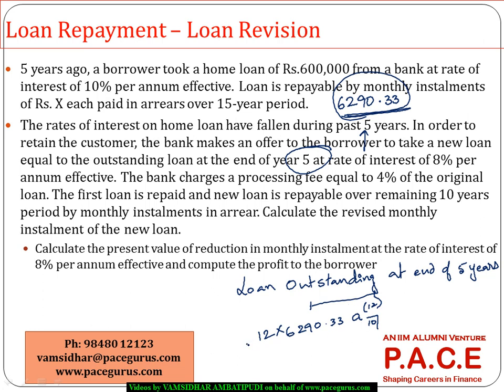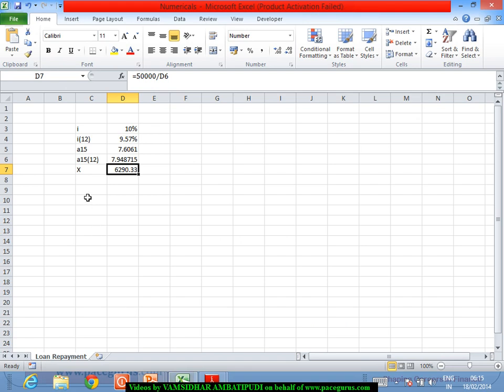Whatever happens to be the present value of this is the amount of loan that is outstanding at the end of the 5th year. Okay, loan outstanding at 5th year.